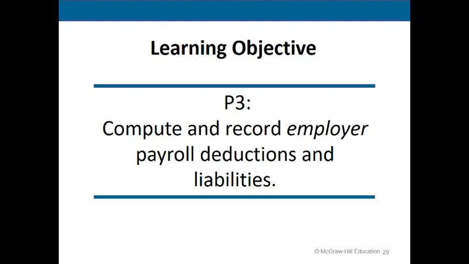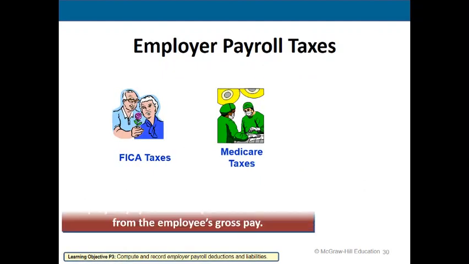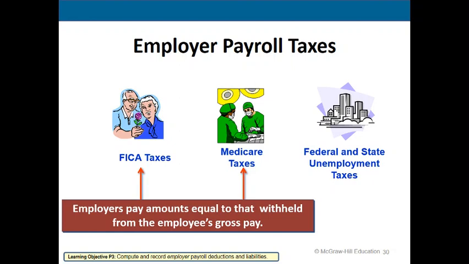Now, on top of deductions from the employee's paycheck, employers have liabilities as well due to payroll obligations. Not only does the employer have to withhold FICA taxes from the employee's paycheck, but the employer has to match that number, the 6.2% and the 1.45%, and that doesn't come out of the employee's paycheck.